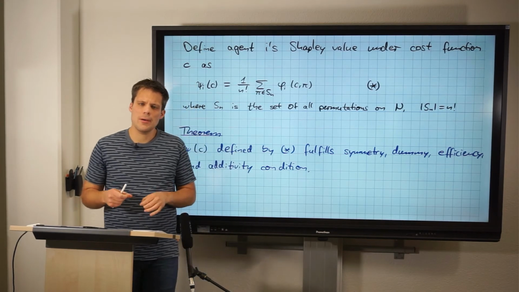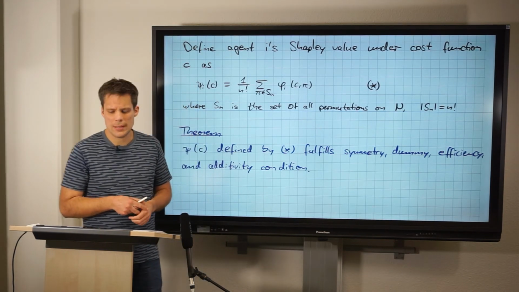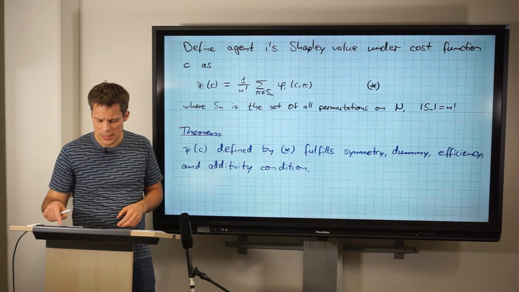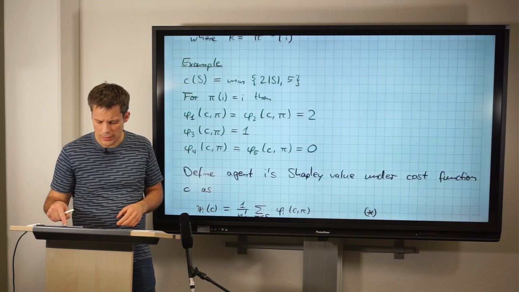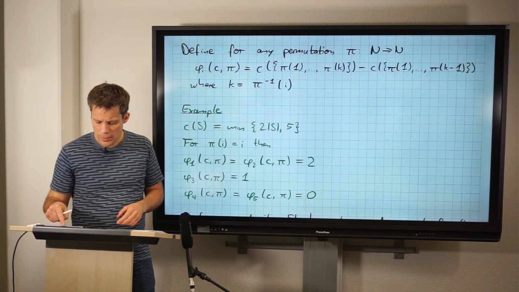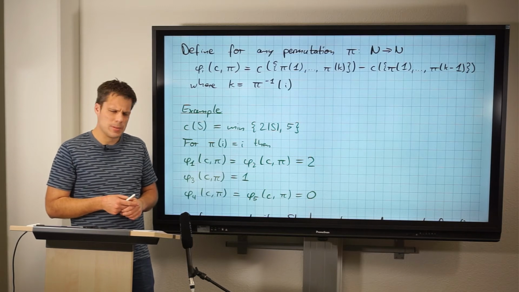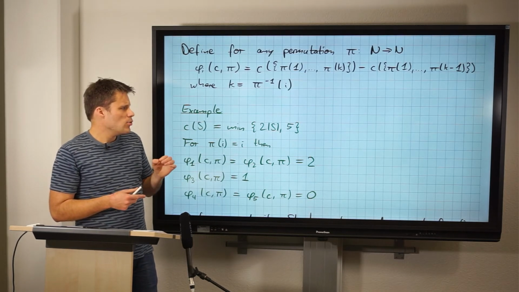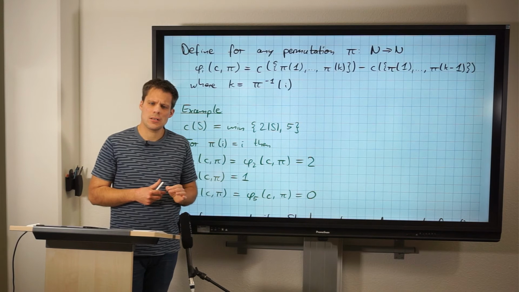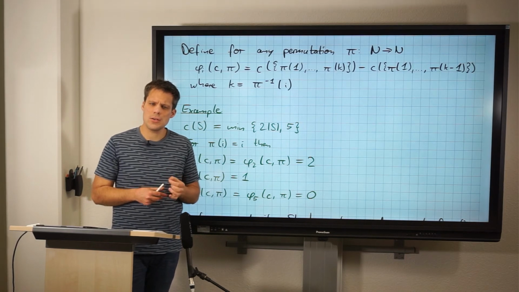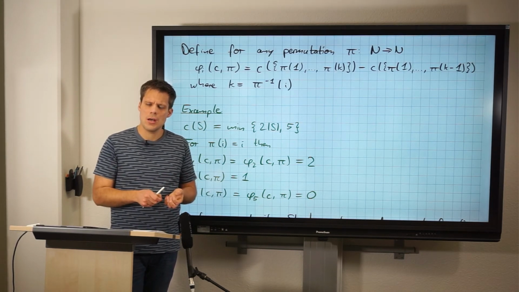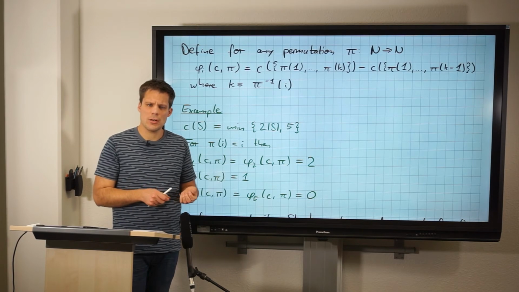So if you now wanted to verify this, for example, this dummy condition, let's have a very quick look at this. Dummy, what was that? No matter which set of agents you add this agent to, this will never change the cost.